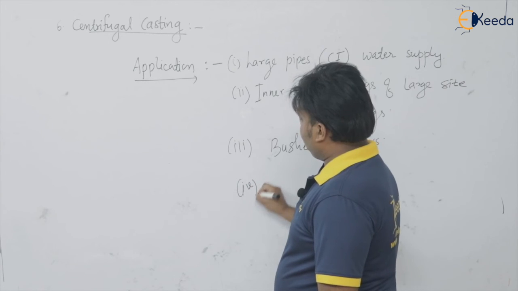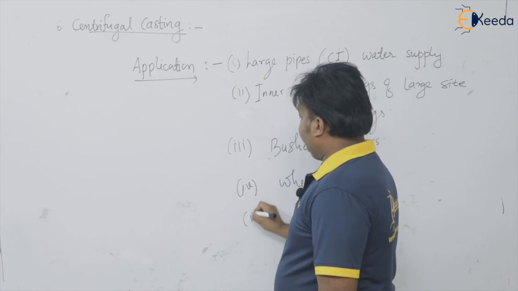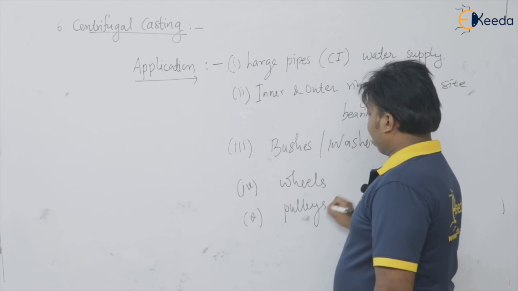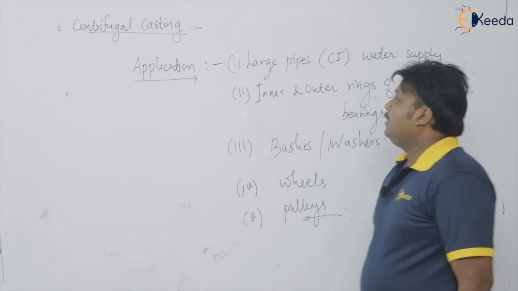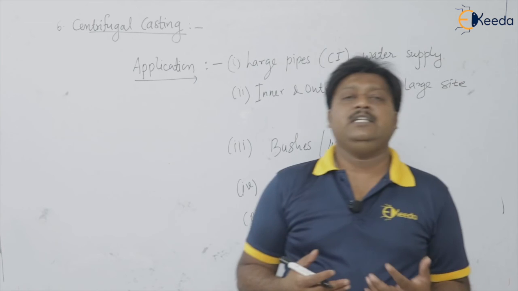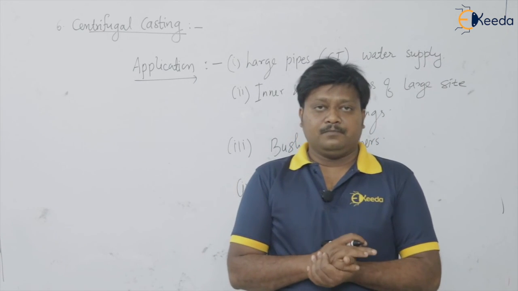Then it is also used in making wheels and pulleys. So these are the applications where these centrifugally cast components are used.